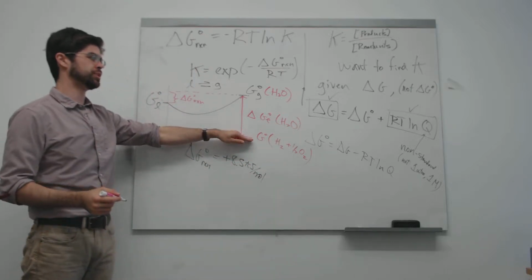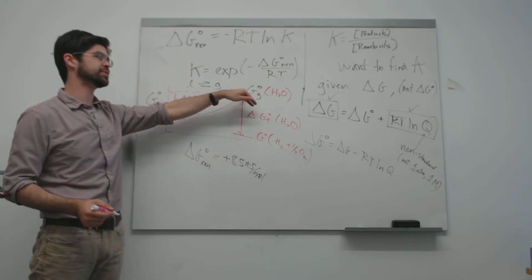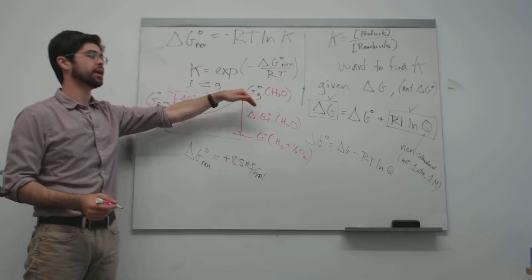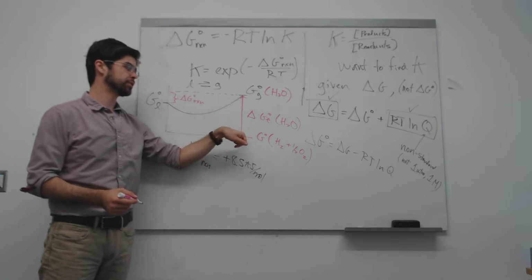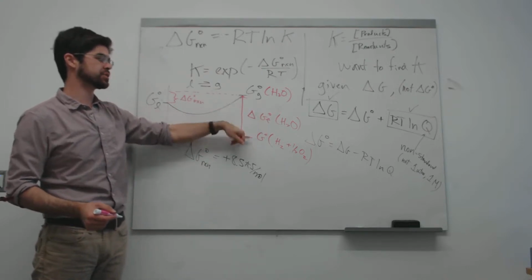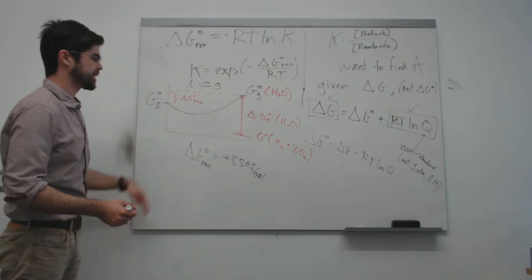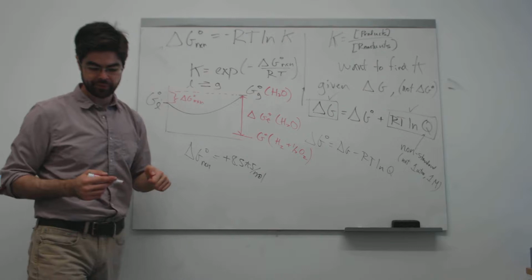How much energy do you need to gain or lose in order to get to this actual value of the free energy of water? So delta G's of formation are talking about changes in free energy going up to this particular state, and then I can find differences that way.